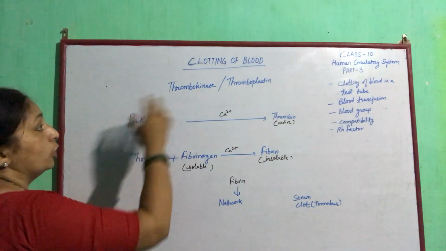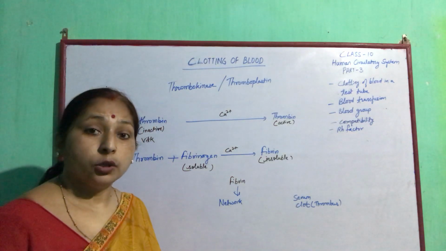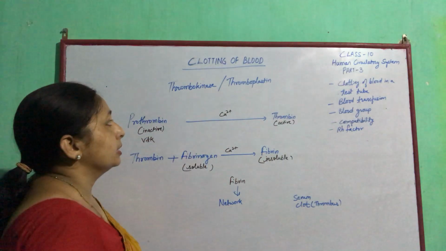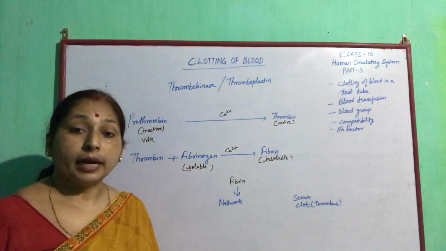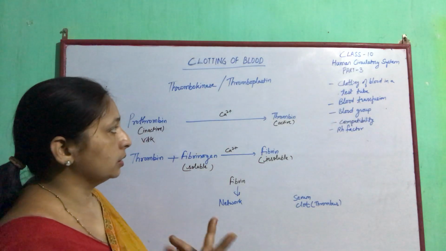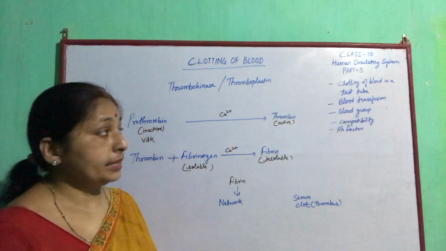Let's start here. Clotting: whenever there is a cut or wound, from that area an enzyme is released which is termed thrombokinase. Thrombokinase or thromboplastin: these are two names for the same enzyme.